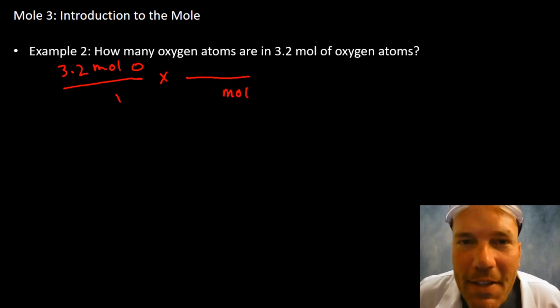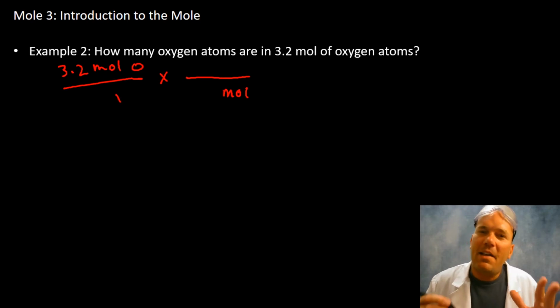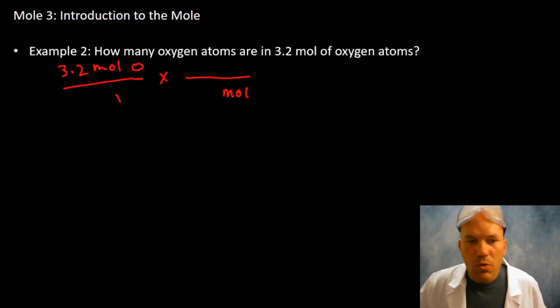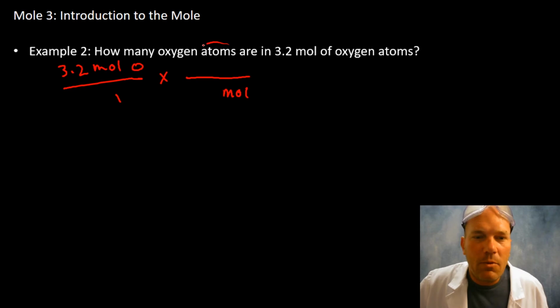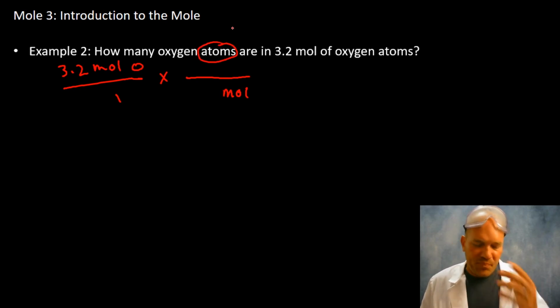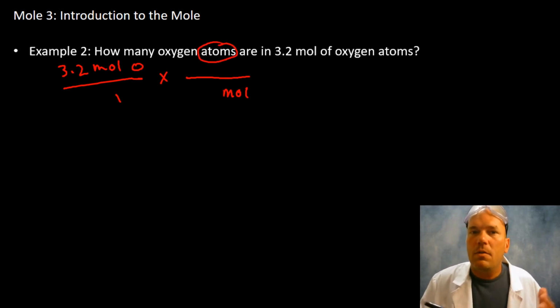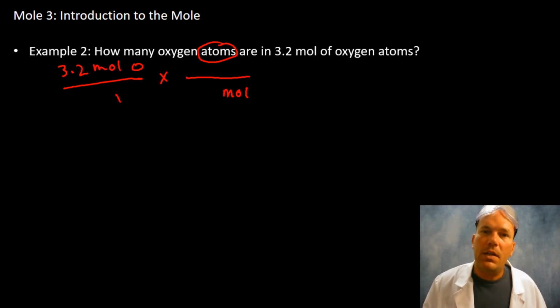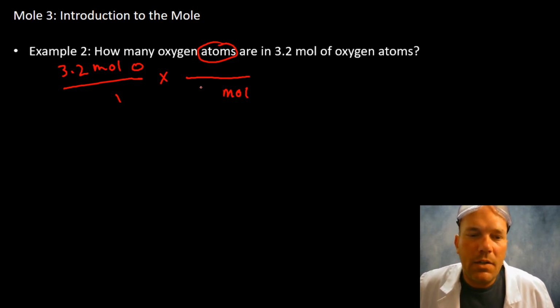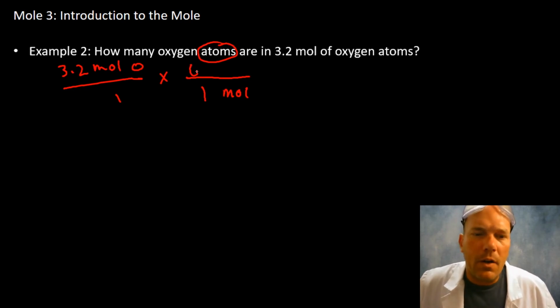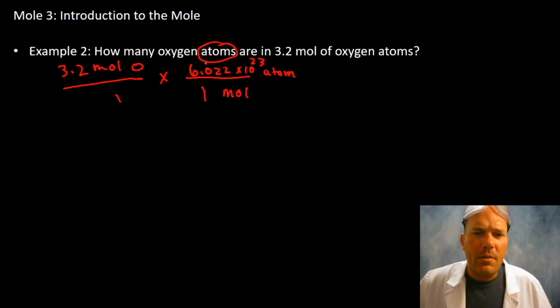And the connection, even if it's not readily apparent, you know that we must end with atoms. If you see words like atoms, particles, molecules, you know you're using Avogadro's number. Okay, so the connection is, in 1 mole, there are 6.022 times 10 to the 23 atoms.